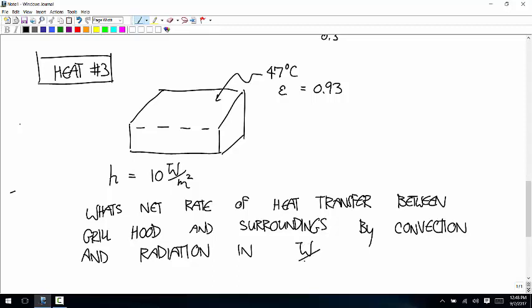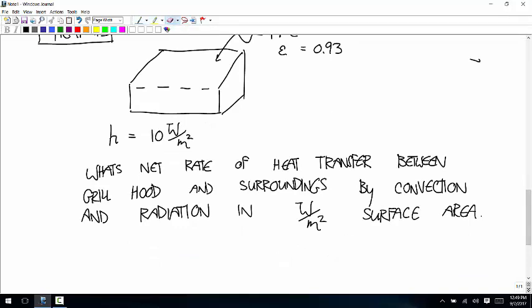In watts per meter squared of surface area. We need dimensions for that. Are there no dimensions? Well, that's part of the problem.